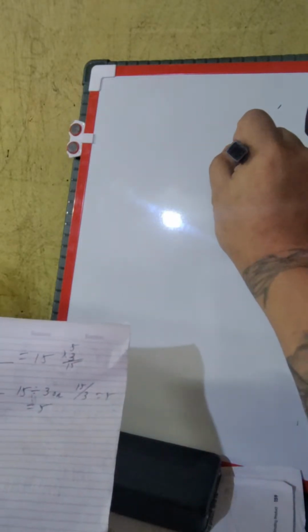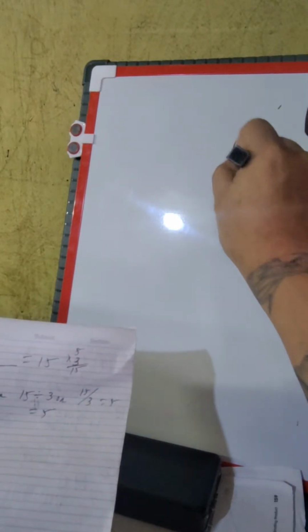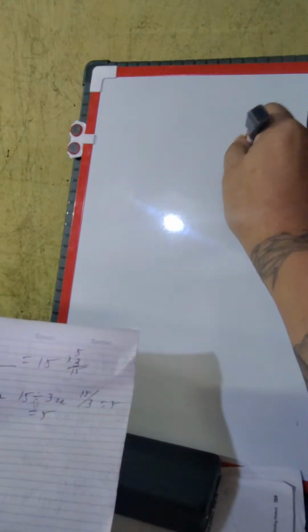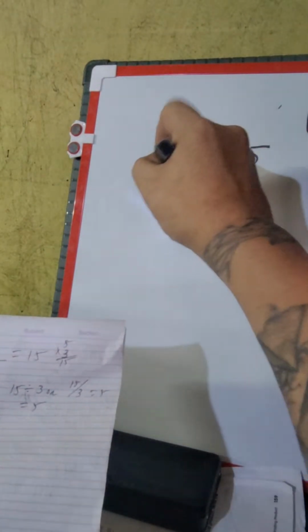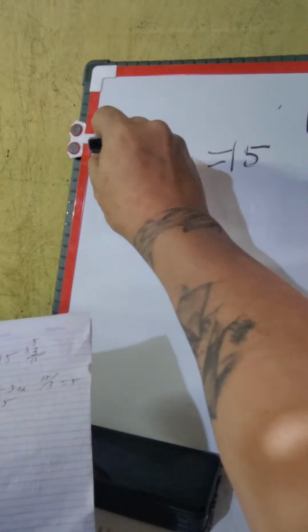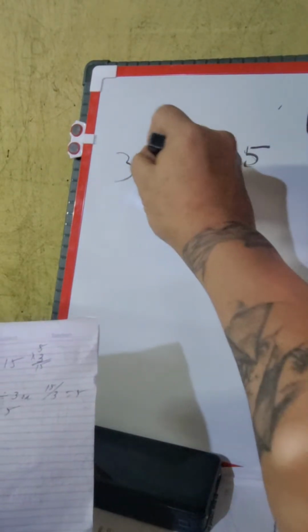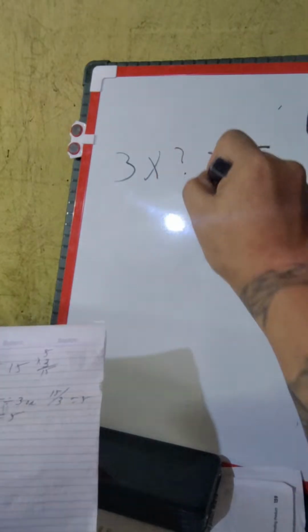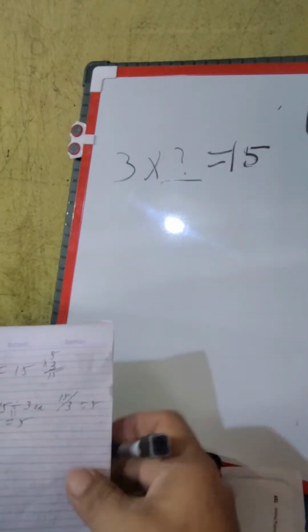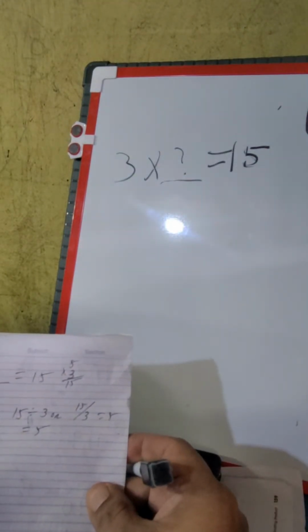If the product is 15, right? And you got one factor of 3, times what factor equals 15, right?